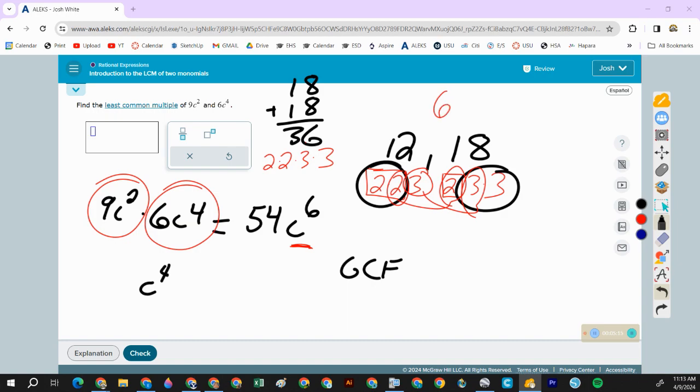Greatest common factor means what is the largest number that goes into 12 and into 18? The answer is 6. Least common multiple is the smallest number that has both 12 and 18 as a factor. So when you're doing greatest common factor, you circle what they have in common. When you're doing common multiple, you circle the largest set of each factor.